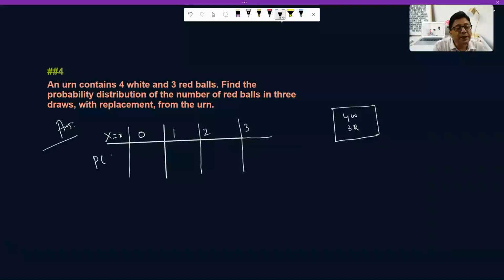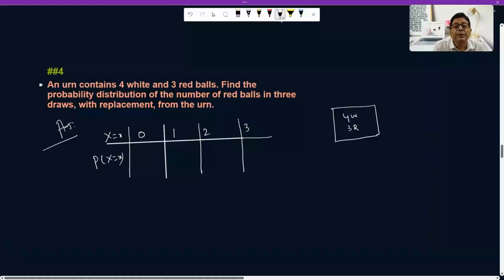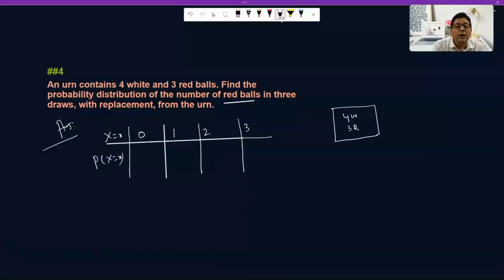We have to write P(X = x) here. Don't be confused. It is just symbolic. P(X = x) means the probability when the random variable takes the value 0. And you are doing it for the red ball. And you have drawn it 3 times.